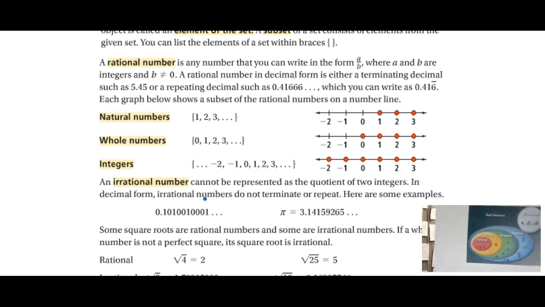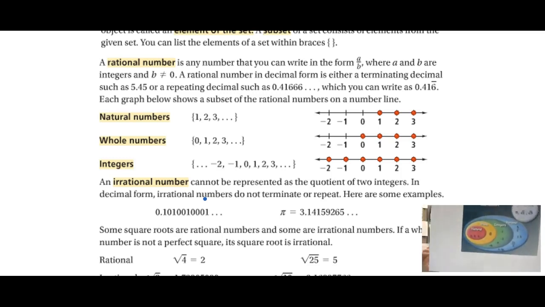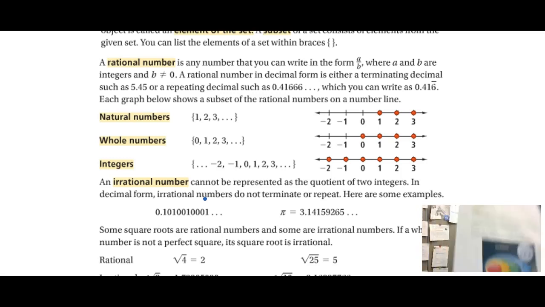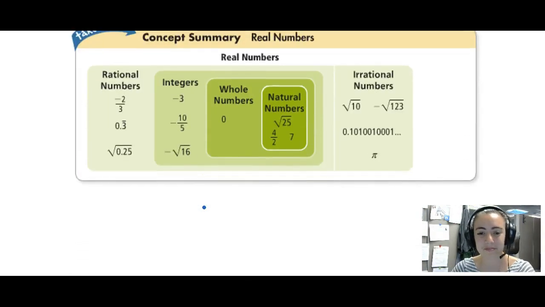Then you have rational numbers in that blue oval, irrational in that gray, and within rational you have your integers, your whole numbers, your natural numbers. So it's getting smaller and smaller, more and more specific. Your book phrases it a different way. They set it up with those green areas getting smaller and smaller, more and more in-depth subsets.